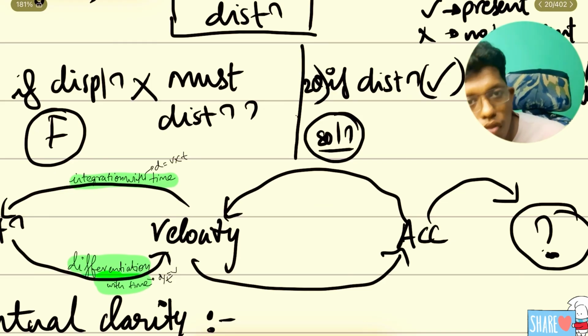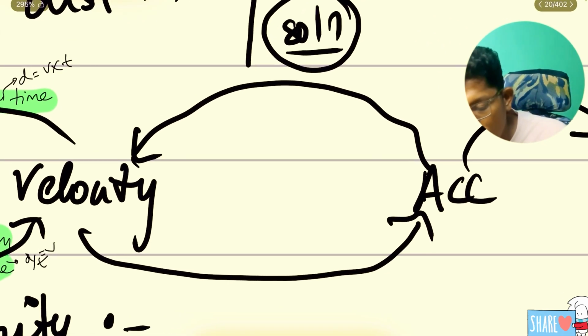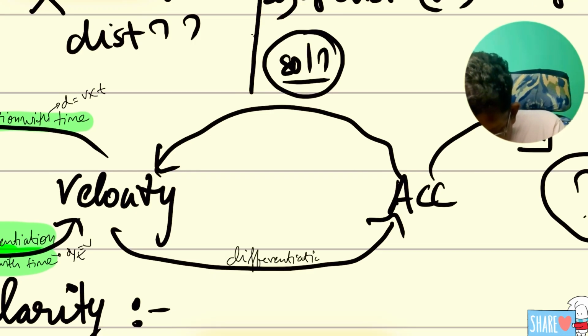The same thing you should do for acceleration and velocity. Displacement is the integral of velocity, and velocity is the integral of acceleration. So I can write here differentiation with time, and you will get the acceleration as a slope.